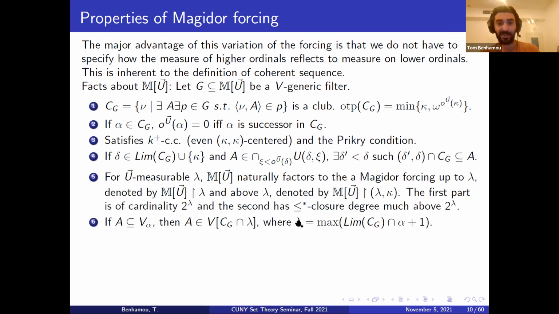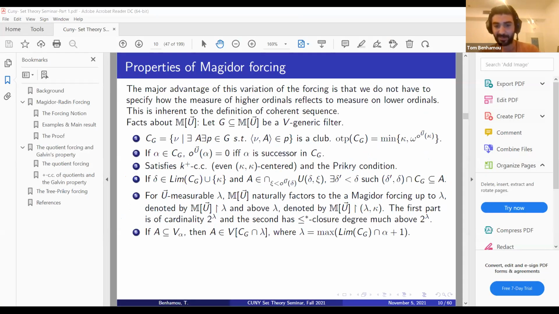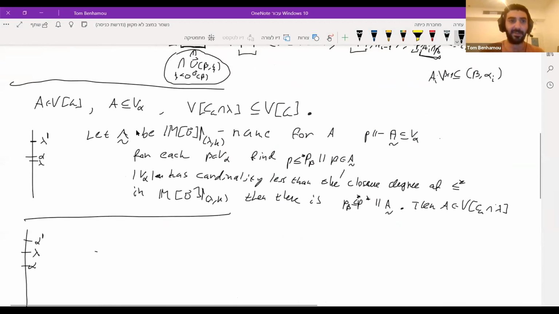Let us sketch a very short proof for this. So now we have this set A, which is a member of the generic extension VG, and it is a subset of V alpha. We consider now a generic extension for the forcing MU restricted to lambda.